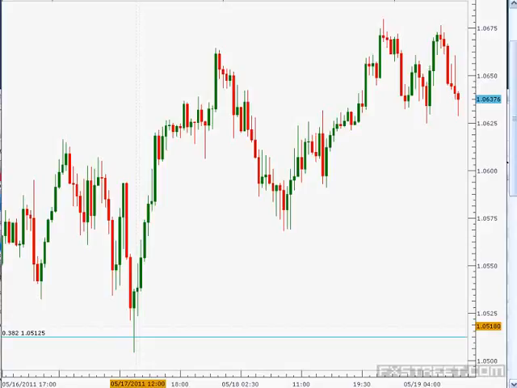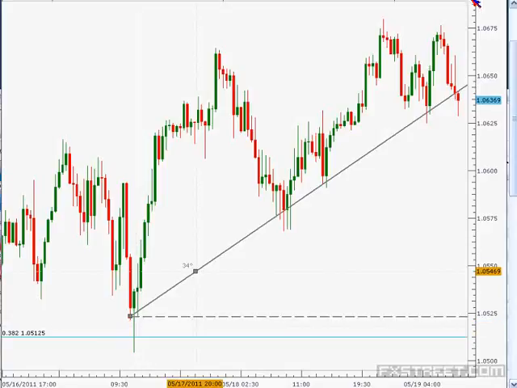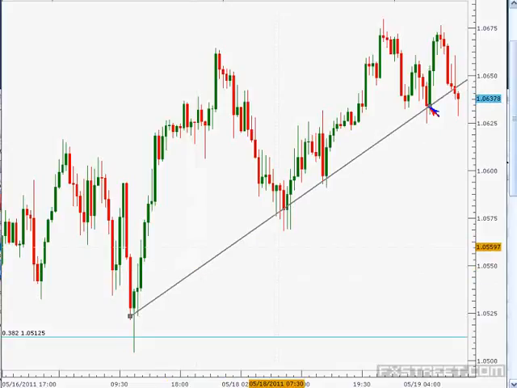Let me draw a trend line here, and we could see that the short-term trend, we're just breaking that down this morning. So this could be a situation where we're going to maybe see the sell-off happen. Now, this could coincide with the stock market opening at 9:30, in about 15 minutes or so, 18 minutes.